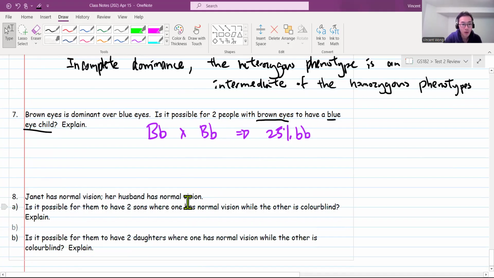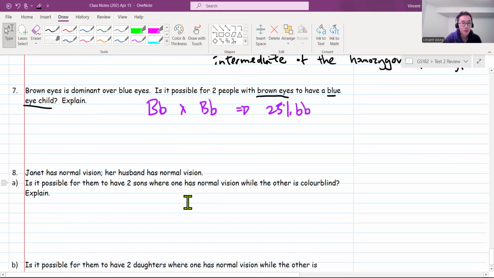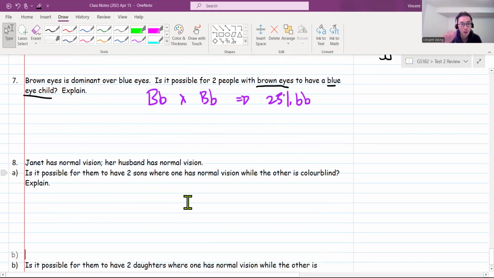Okay, more sex-linked stuff. Janet has normal vision. That means she's going to be X, and then we're not really sure what the other one is. Her husband has normal vision, so the husband must be XY.